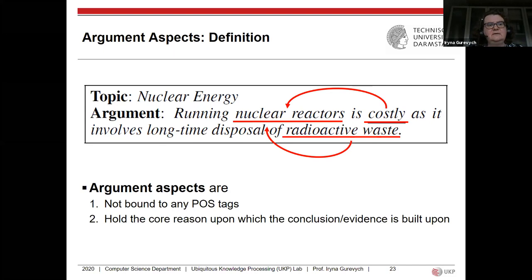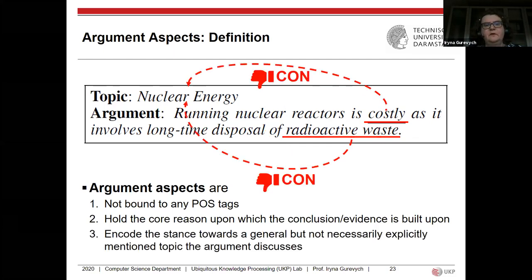Second property is that the argument aspects hold the core reason upon which the conclusion of the argument is built. Third, they encode the stance towards a general but not necessarily explicitly mentioned topic that the argument discusses.